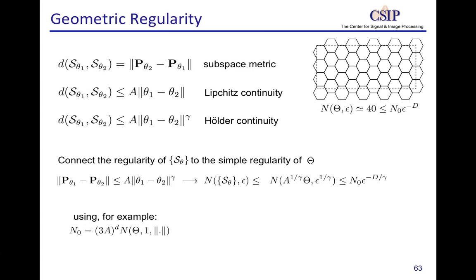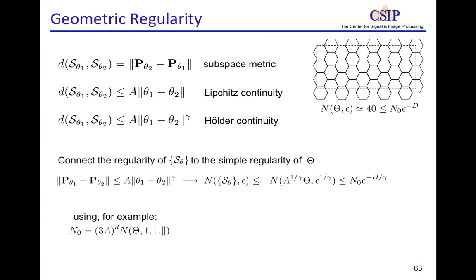And this is basically just saying that it's Lipschitz continuous up to some power gamma. And generally, for our cases, gamma will either be 1/2 or 1, just to give you an idea. But the main idea here is that we can connect the regularity of S theta to the simple regularity of just capital Theta in terms of these covering numbers.